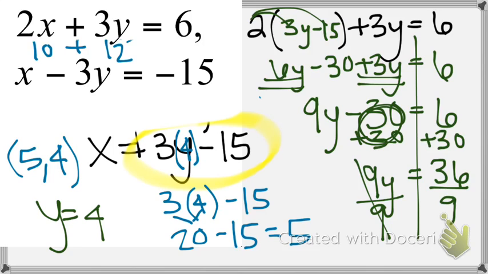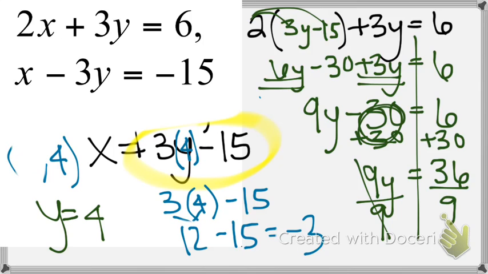And so I just caught my mistake right here. 3 times 4 is 12, not 20. So I'm going to change this to a negative 3 and a negative 3 here. So it's always good to check our answers. So that means negative 3 and 4.